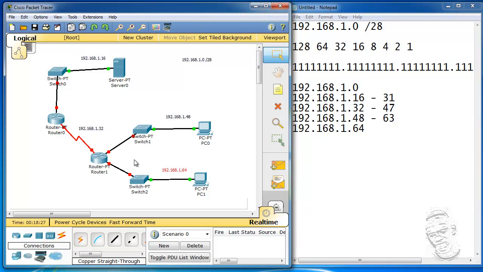So we have the 64 network on this side, 48 network on this side, and there's a network in between the routers, which is the 32 network, and the network on this side here is the 16 network.